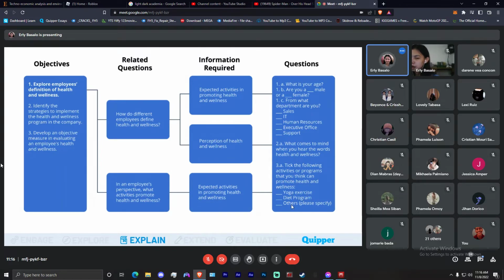Then you can also put others for your participant to specify which factor could promote health and wellness. So you can have this as your guide and basis in creating your research questionnaire or research instrument.